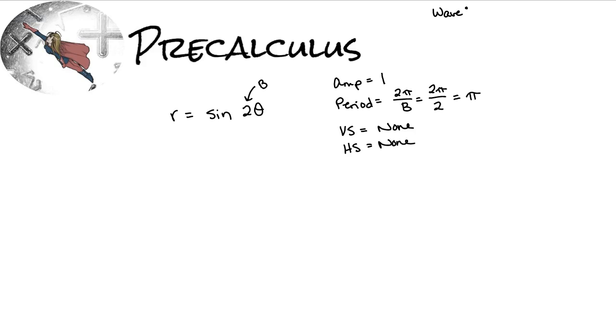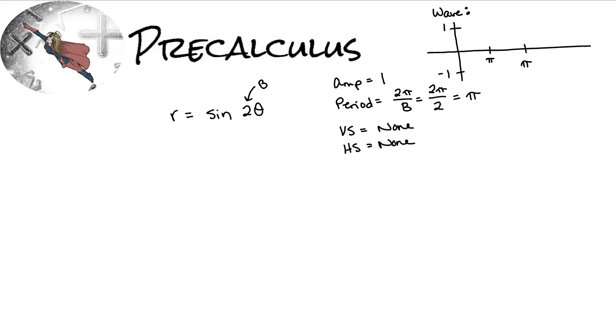So if we draw a sketch of the wave, let's do it up here. So here's what the wave would look like. An amplitude of 1 without any vertical shift means it's going to go up to 1 and down to -1. A period of pi means that it'll complete one cycle by the time you get to pi, and let's chop that into 4 parts.